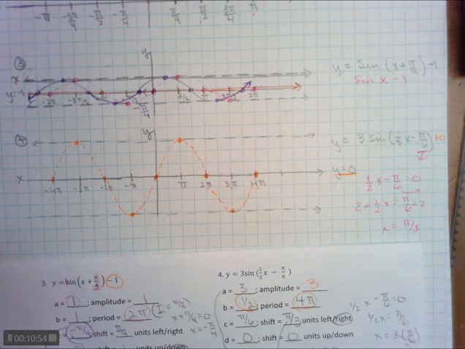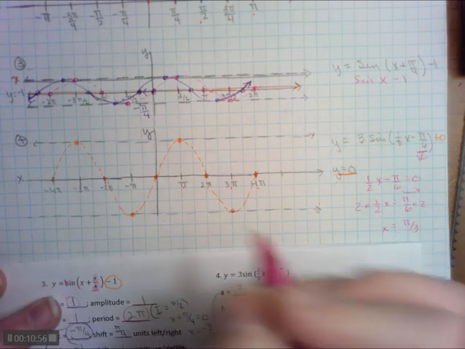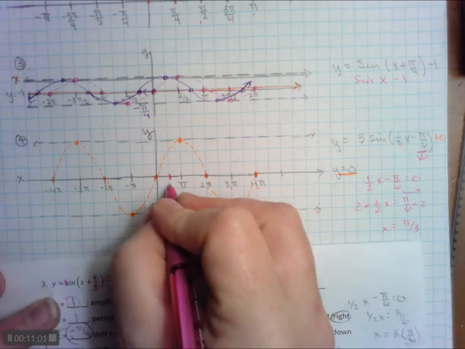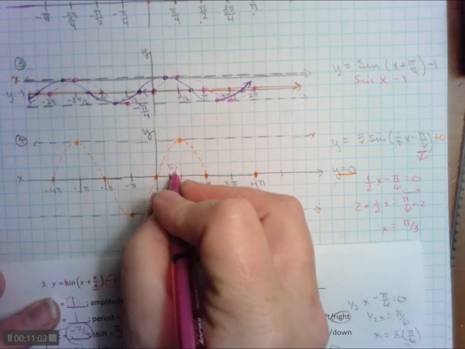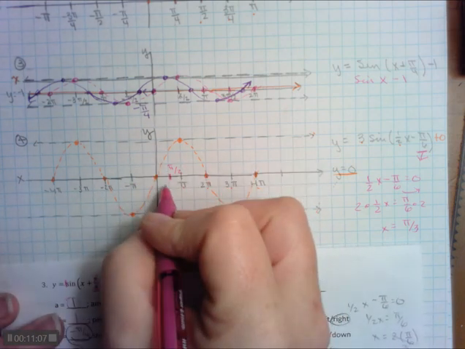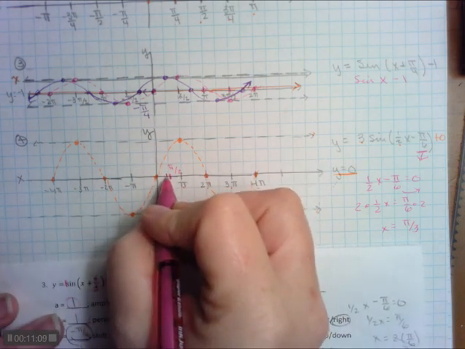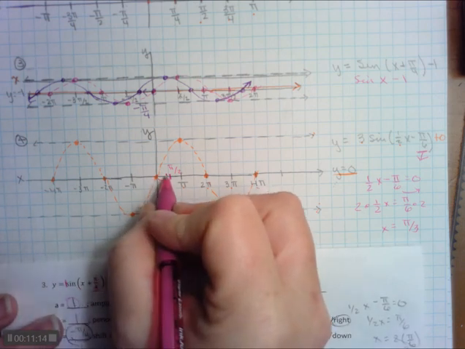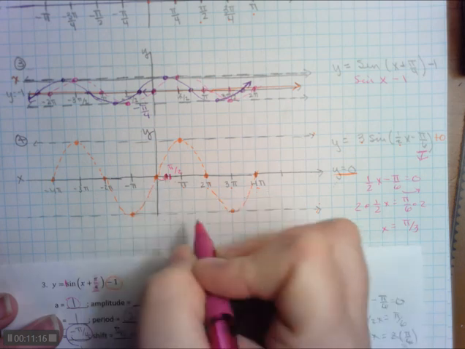Now, pi over 3 is smaller than pi over 2. This is pi over 2, just so you know. That is a pi over 2. So pi over 3 is going to be about here. So this dot gets moved over a little less than 1 block.